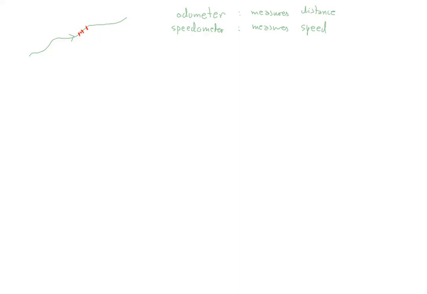And for such small periods of time, distance is the same as speed times time. So in the case of constant speed, distance is speed times time.